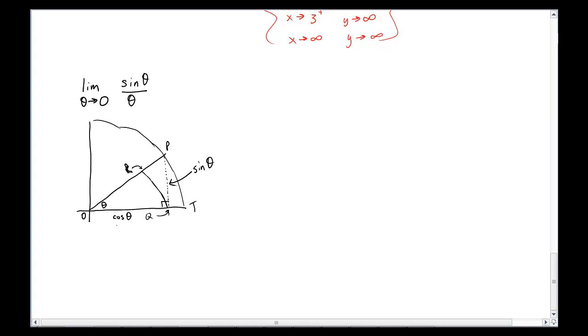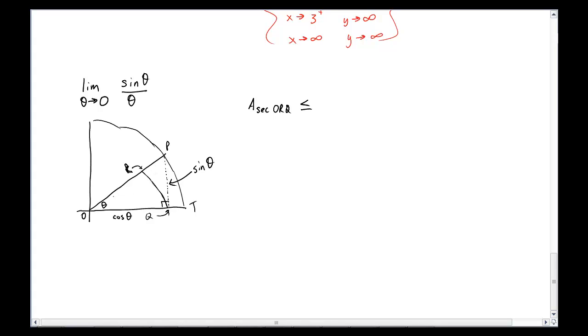Now, how am I going to get the limit as theta approaches 0 of sine of theta over theta? All right. Well, this is what we're going to do. I've got 3 different things here. I've got an arc right here. So I've got a sector essentially right here. I've got a triangle, and then I've got a sector. I want you to notice that the area of sector ORQ is less than, or I guess you could debate equal to, if for some reason we made this curve so that it was out there.